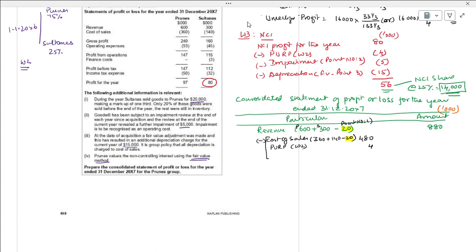Is it right? Next. You have the depreciation also. How much have you calculated depreciation? Depreciation is 15. Okay.